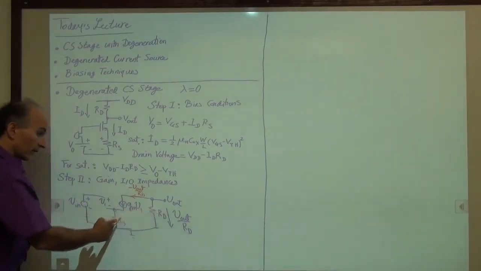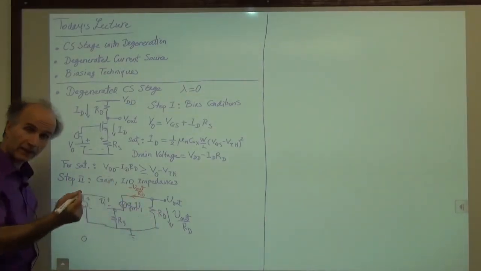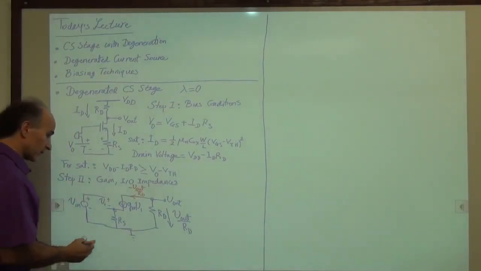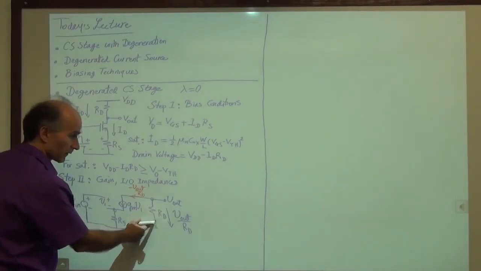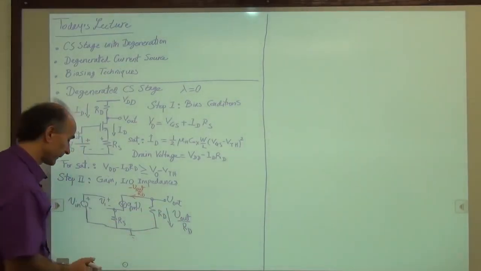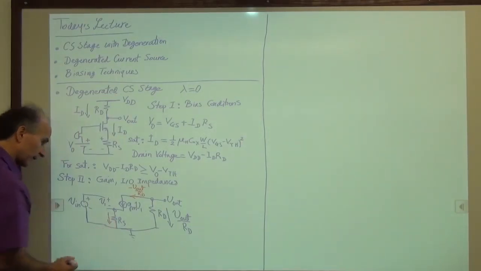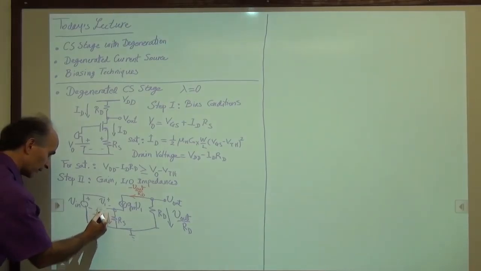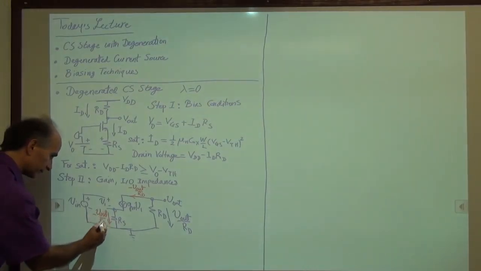So RS and RD in this example carry the same small signal current, except for a negative sign. So if I assume the current through RD is V out over RD, not minus V out over RD, right? So we see that this current downward is also equal to minus V out over RD.